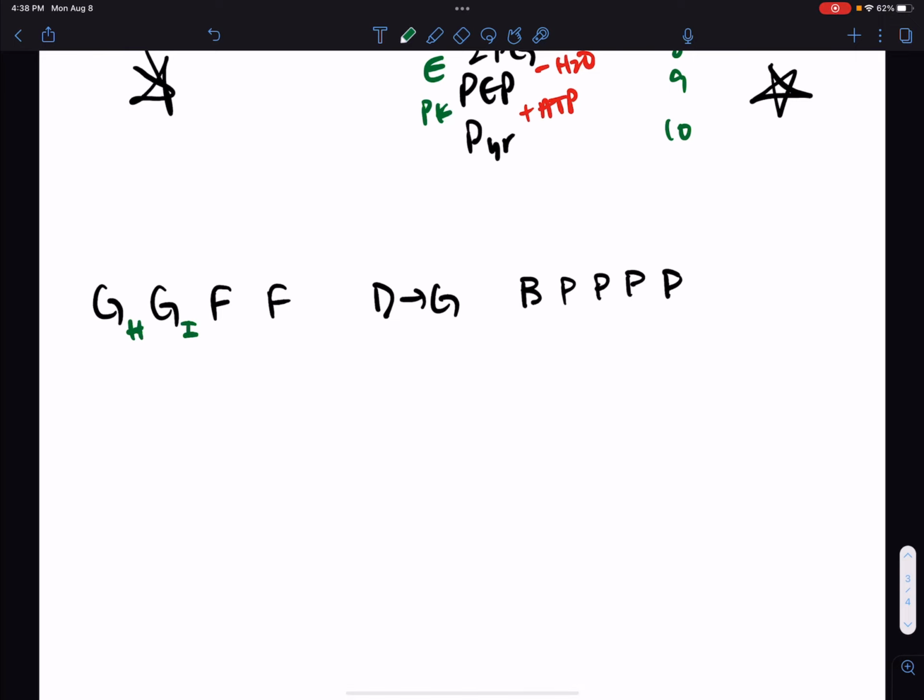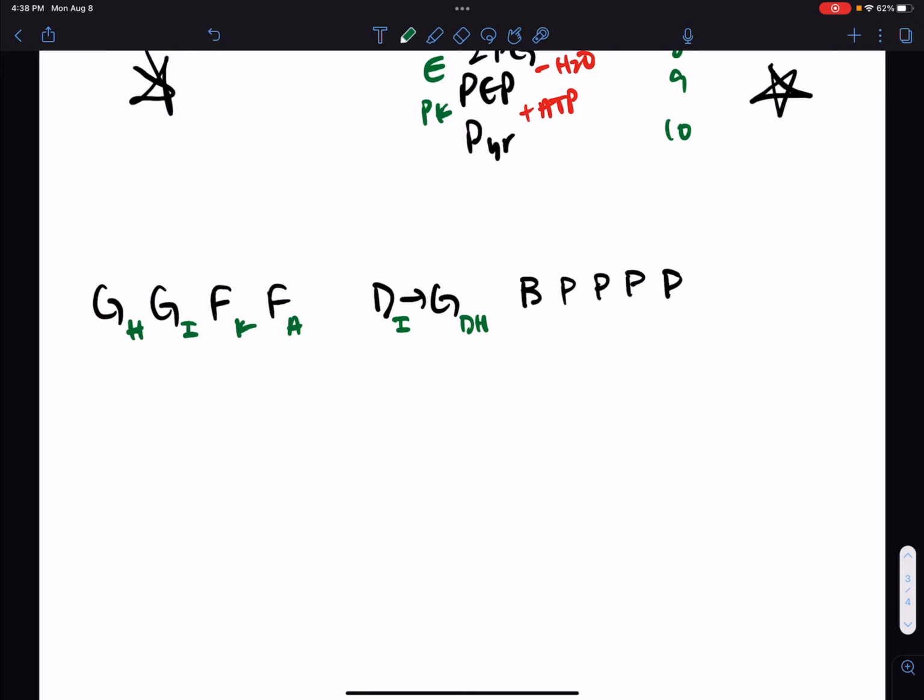So hexokinase, phosphoglucose isomerase, phosphofructokinase, and then aldolase. And then from DHAP to GAP, it is triose phosphate isomerase, right? So it's another I. And then from GAP to 1,3-BPG, I used DH because that's the only dehydrogenase that we have.